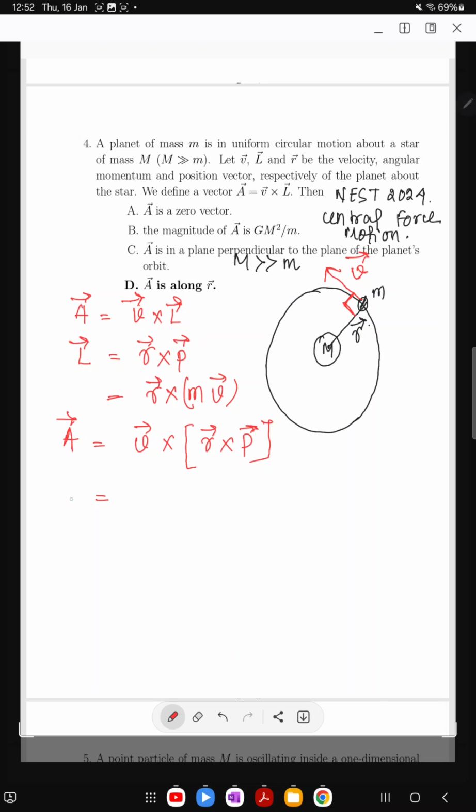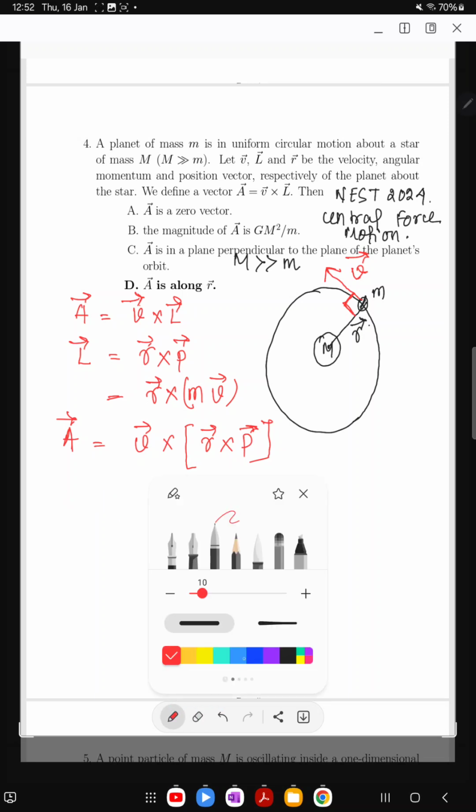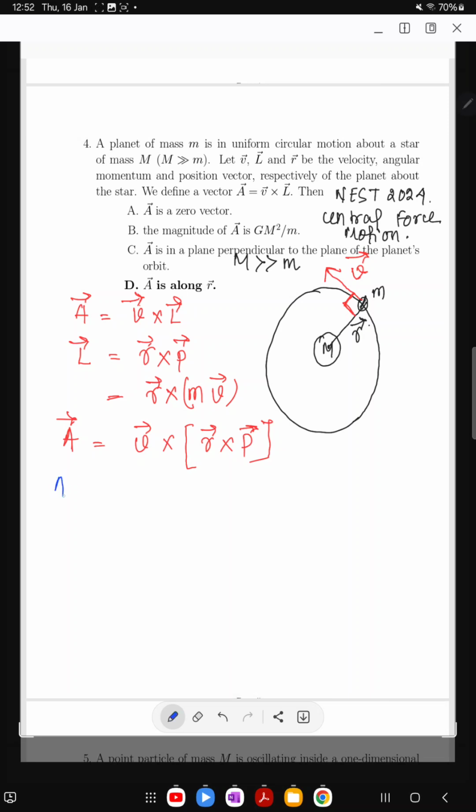We know that A cross B cross C is the vector triple product, and this formula is B (A dot C) minus C (A dot B).